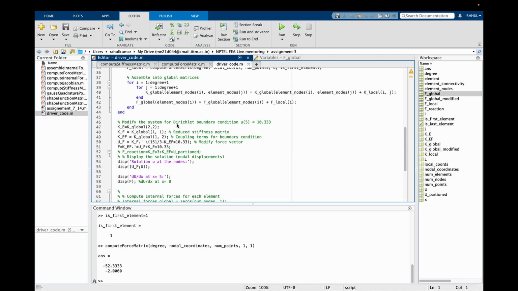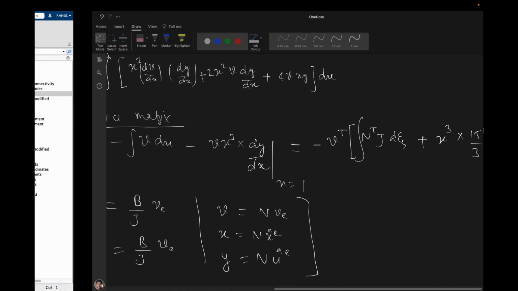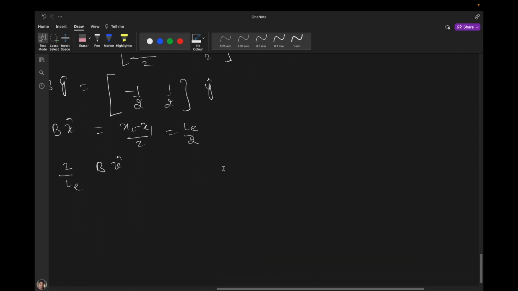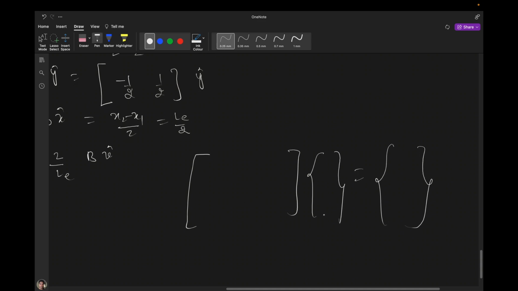Here you can see that I have separated ke, and that is nothing but the K global 22. In this problem it was something like this. So this part we know.